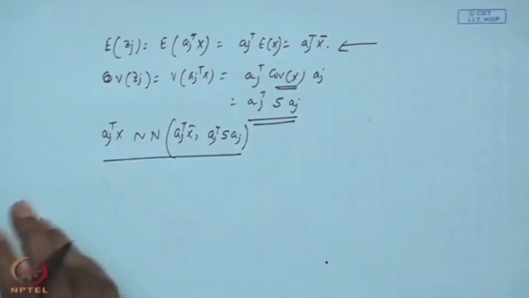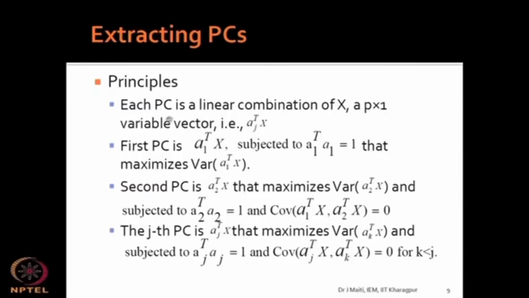Now, I will explain when we extract PCs, what are the principles we follow. We will discuss the principles now. Let us see the slide. Each PC is a linear combination of x, a p cross 1 variable vector, that is Aj transpose x.